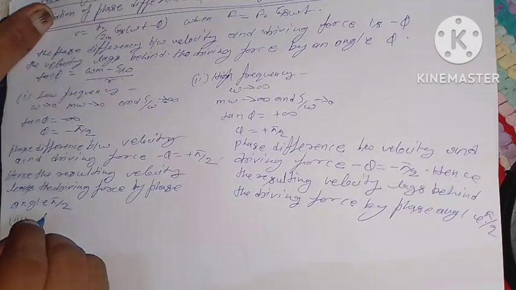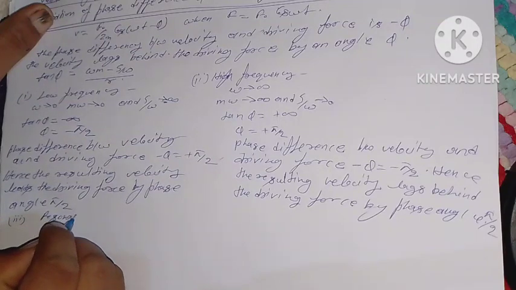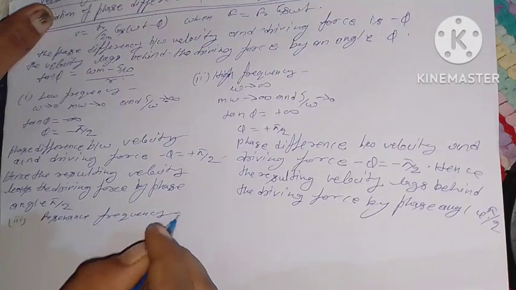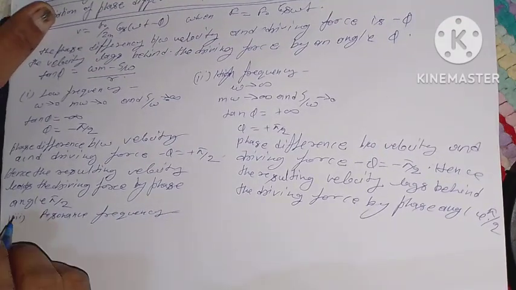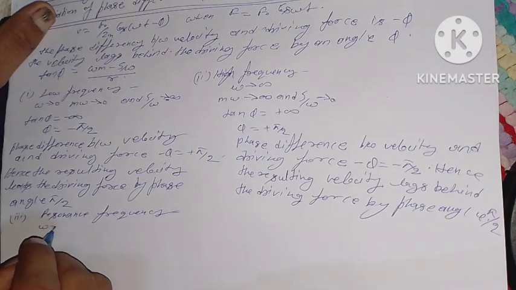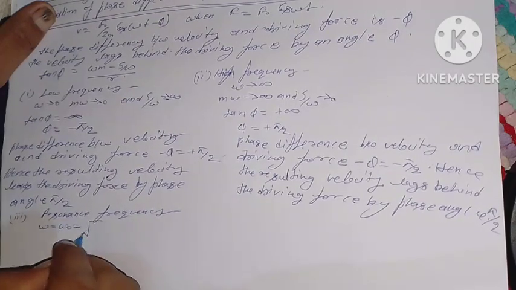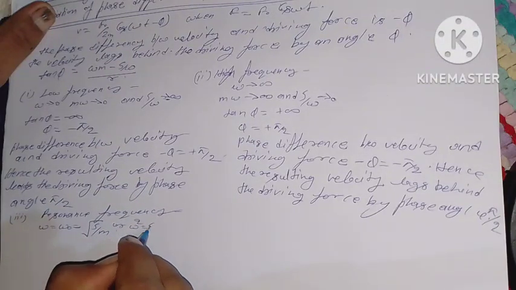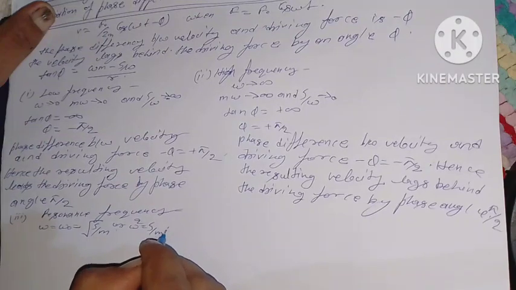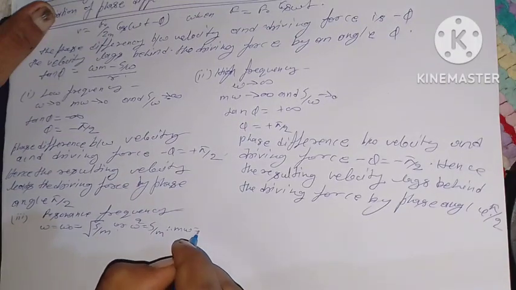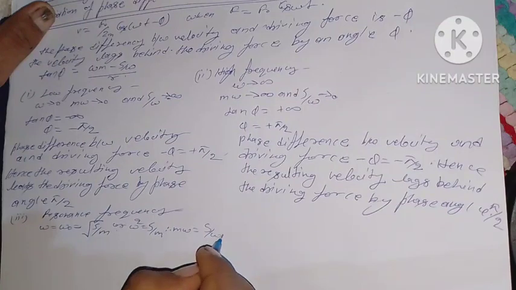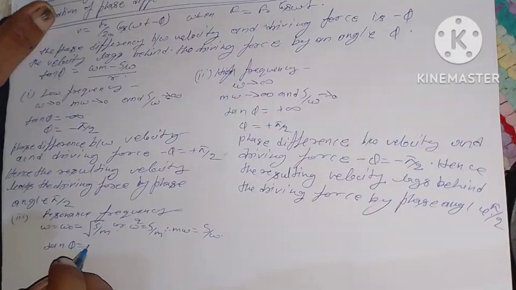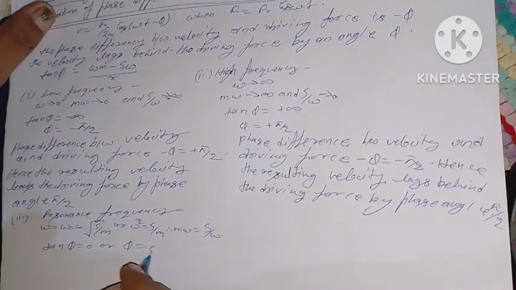Third point, resonance frequency. At resonance frequency, omega equal to omega naught equal to under root of s by m, or omega square equal to s by m, or m omega equal to s by omega. Then tan phi equal to 0 or phi equal to 0.